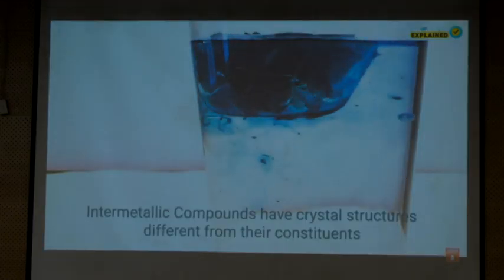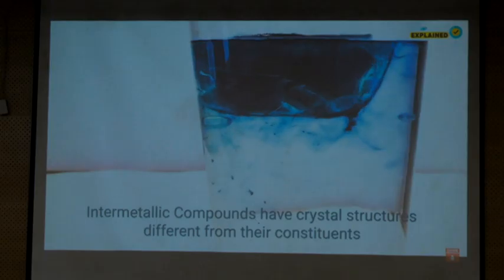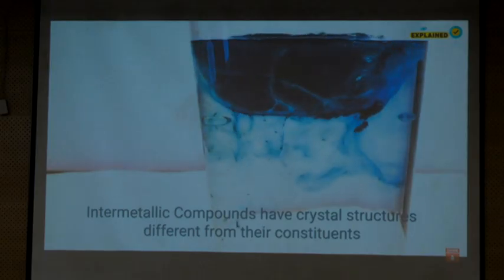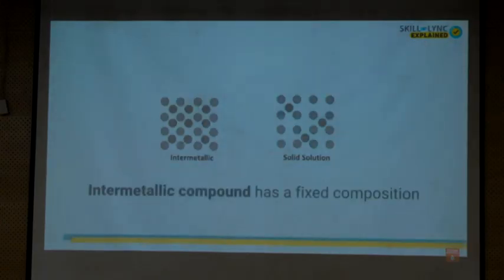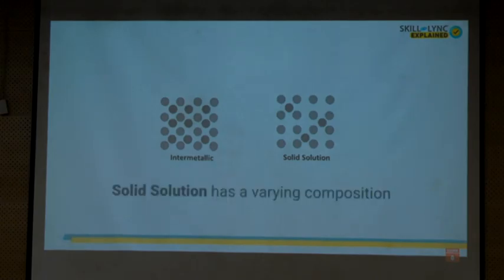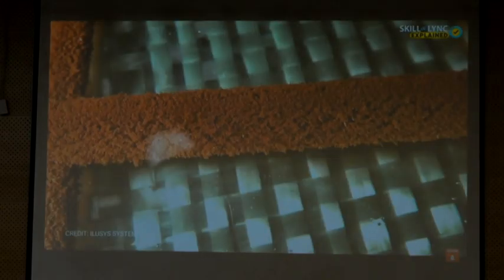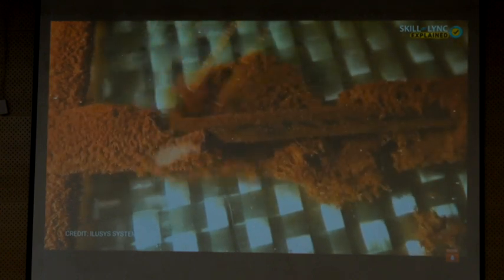Whereas, when the crystal structure of the alloy is different from its constituents, then it is said to be an intermetallic compound. Another major difference between these two is that the composition of the intermetallic compound is fixed, whereas the composition of the constituents in a solid solution may vary. For example, a copper and nickel solid solution may contain different combinations of copper and nickel.